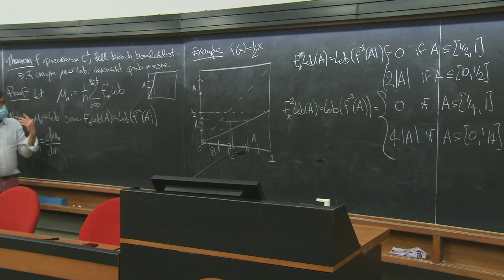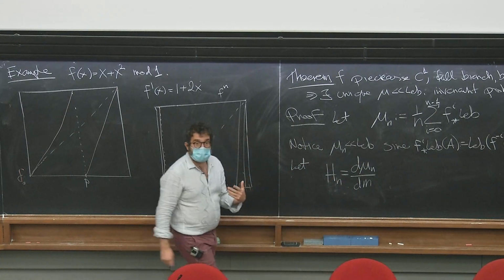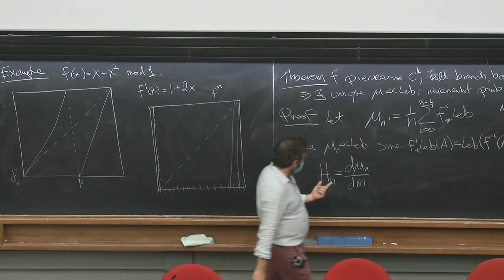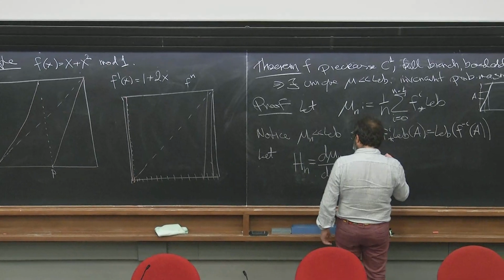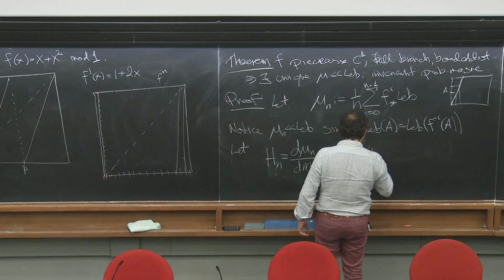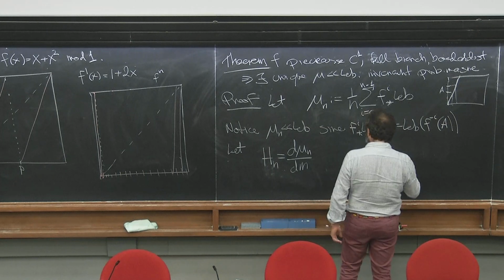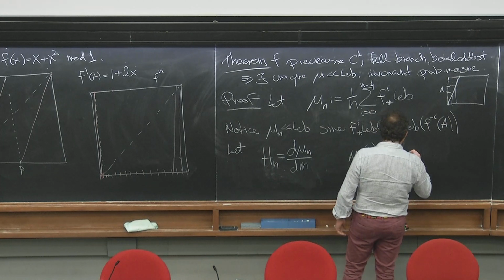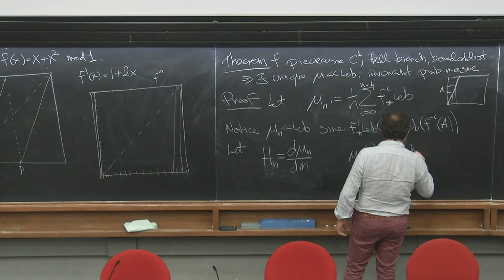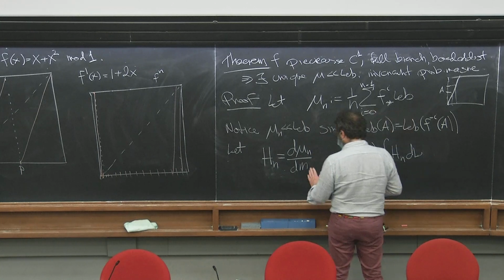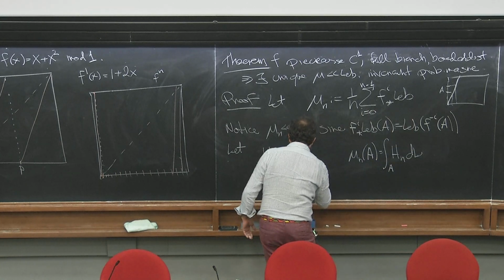Every measure that is absolutely continuous with respect to another has a density. What this means is that mu n of any set A is equal to the integral over A of Hn with respect to d Lebesgue, m.